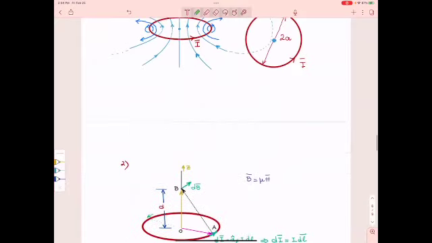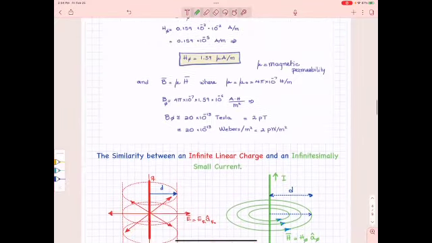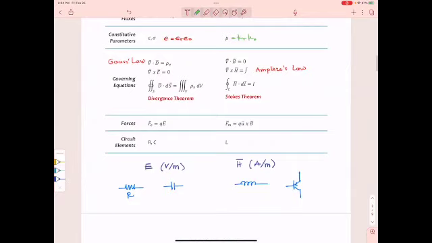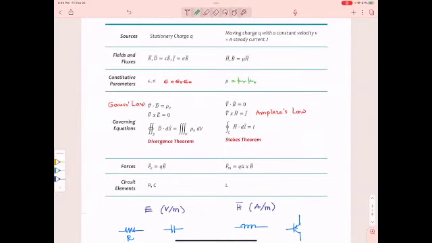Let me show you here. We started with the initial equations. What was Q? Q was the total charge that comes from what? From integrating the electric flux density. So practically Q is an integral of the flux density around the volume.